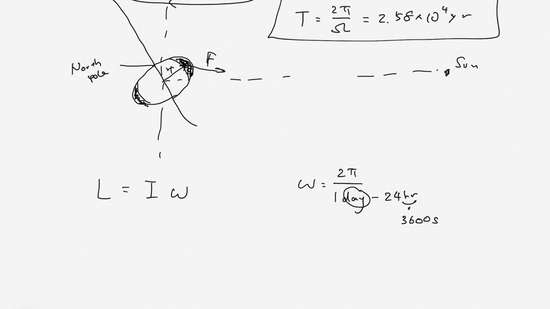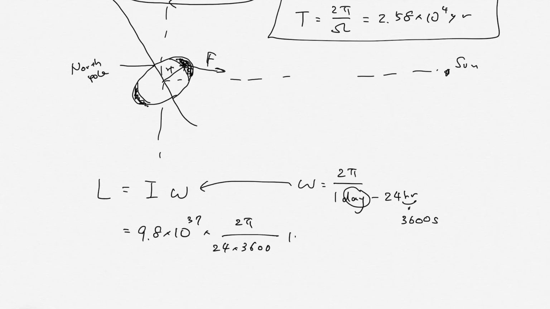So you can substitute these omegas here to find the angular momentum of the Earth. This is 9.8 times 10 to the 37 times 2 pi divided by 24 times 3600, in kilogram meter squared per second. This is the angular momentum of the Earth.